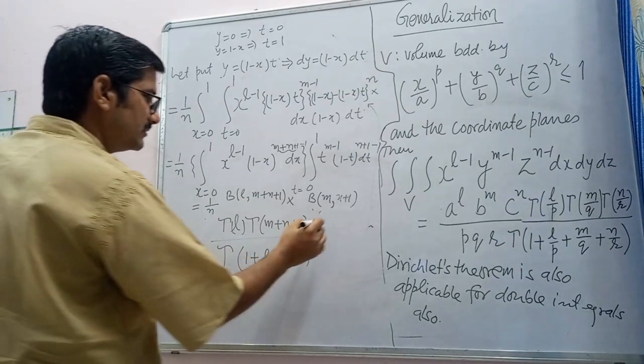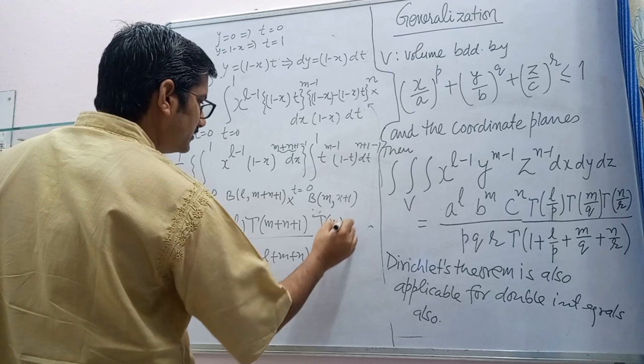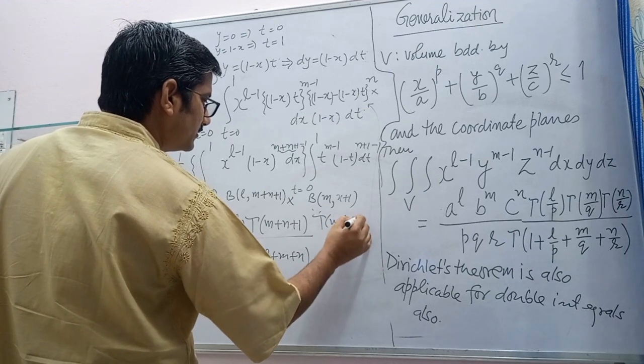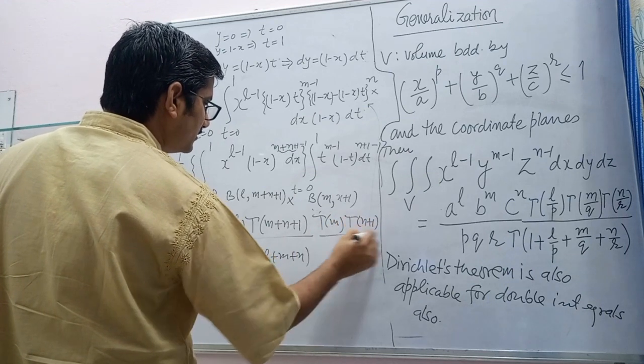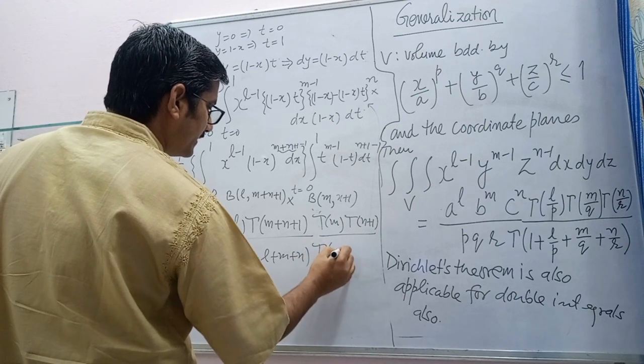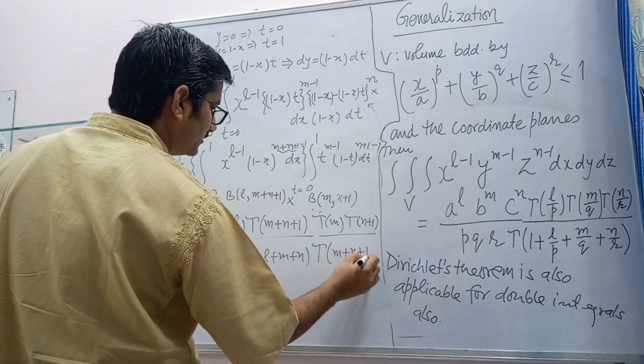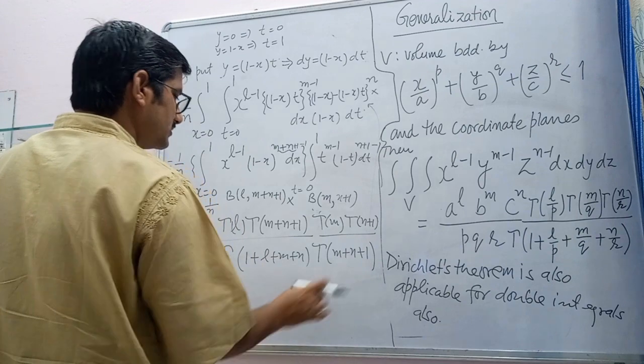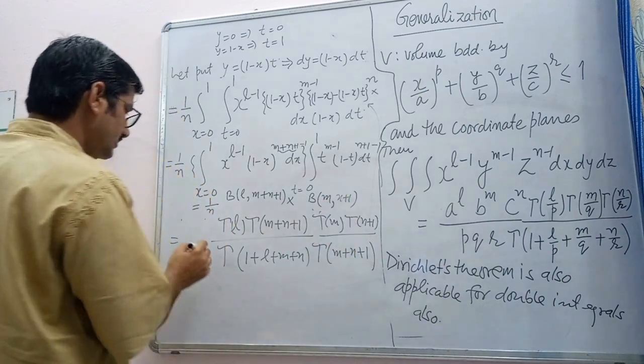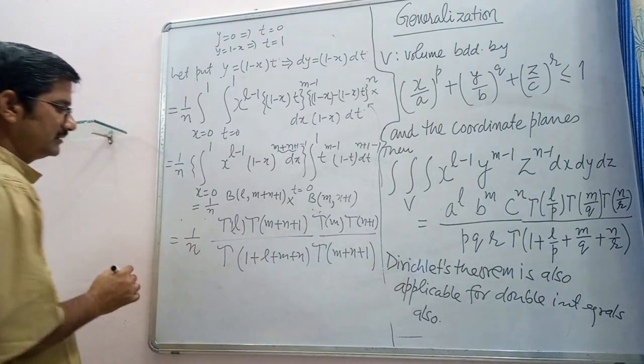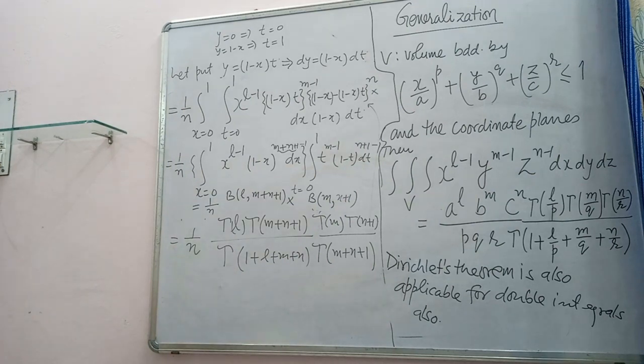This will be gamma m gamma (n plus 1) divided by gamma (m plus n plus 1), the sum of these two, and the whole is multiplied by 1 upon n.